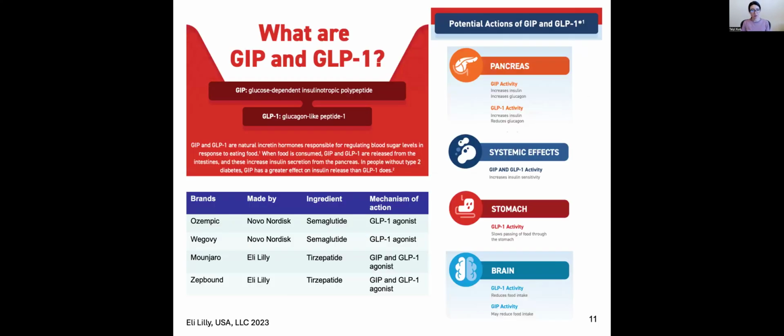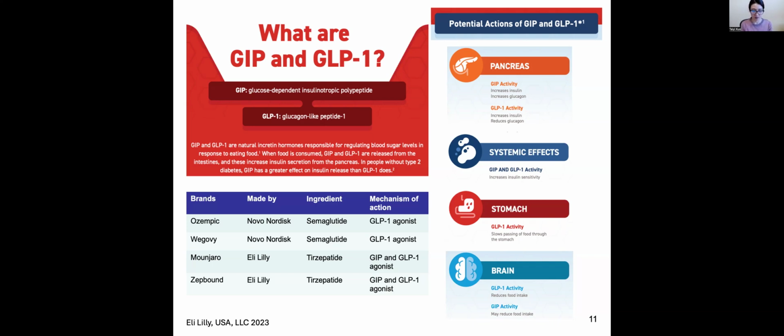So let's talk a little bit about GIP. GIP stands for glucose-dependent insulinotropic polypeptide. Both GIP and GLP-1 are naturally released from our gastrointestinal tract as incretin hormones, and they regulate blood glucose level.